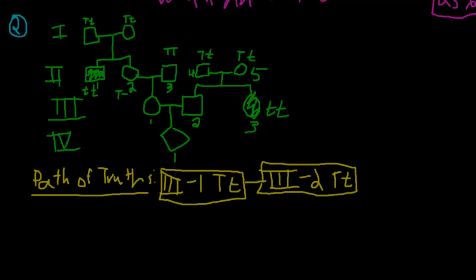Those two must be true, otherwise there's a 0 chance of the child having the disease. So this and this must be true. Well, for 3-1 to be a heterozygote, that means that 2-2 must have also been a heterozygote. Right? Because if 2-2 wasn't a heterozygote and 2-3 is a homozygote dominant, this would be impossible to be heterozygote. So this one had to have been a heterozygote for this to be possible. 2-2 is Tt.